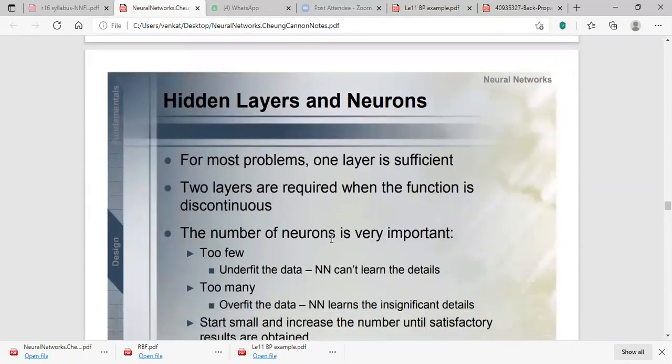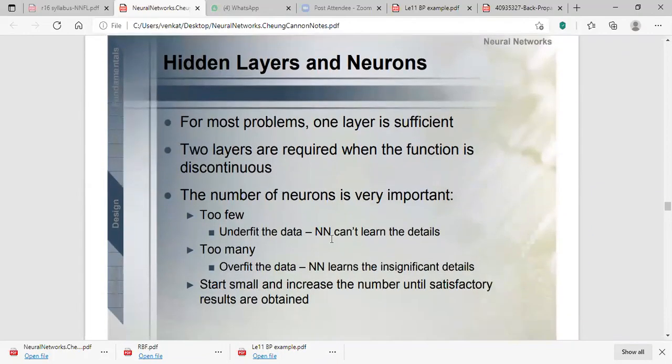So hidden layers. Okay. So for most of the problems, we consider only one hidden layer. But when we go for complex problems, there may be multiple number of hidden layers. Okay. Suppose if your function is discontinuous, you consider two hidden layers. Right? The number of neurons in each hidden layer are also important.